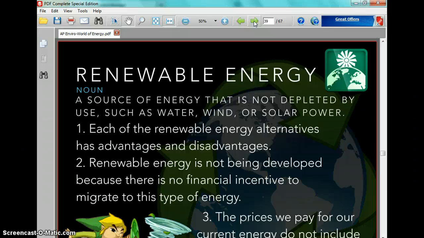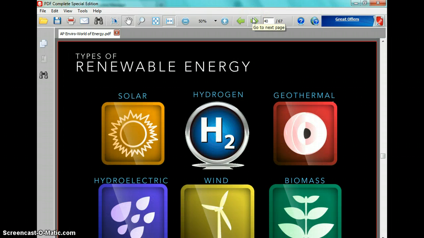The prices we pay for current non-renewable energy do not include their harm to the environment and to human health. That's an AP question. None of the costs include environment. Remember the whole disadvantage column for every single one? No cost includes environmental damage.